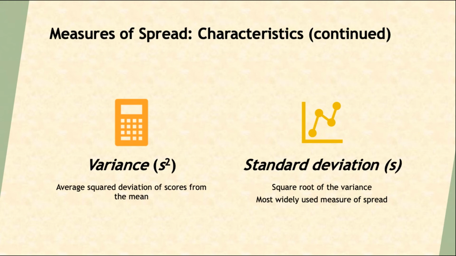However, the variance can easily be converted into a measure of spread expressed in the same unit of measurement as the original scores, the standard deviation. To convert from the variance to the standard deviation, simply take the square root of the variance.